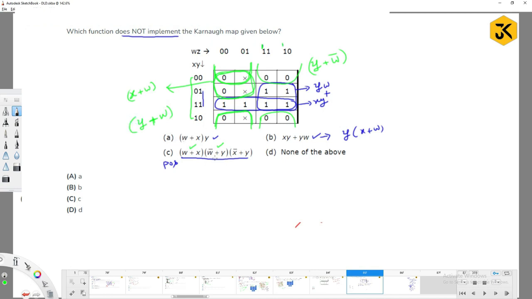When y plus w is there, is there any chance to get x bar plus y? We can do something like this to get this answer, x bar plus y. Can I do like this to cover this one? Yes. So for this the answer will be x bar plus y. So Option C also possible. So the correct answer for the given question is option D.